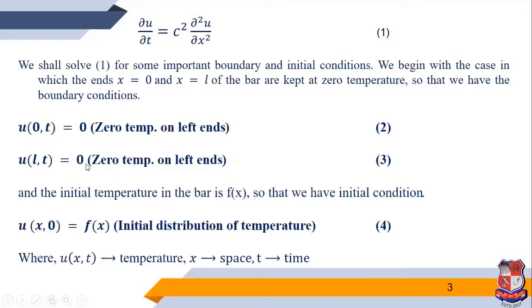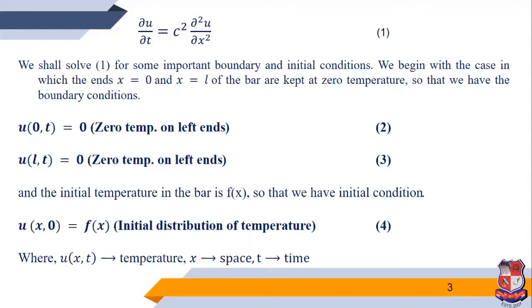And the initial temperature in the bar we consider as f(x). What is the meaning of initial temperature? We consider when time t is equal to 0, then the value of u, that means the temperature value, is called the initial temperature distribution in the bar.